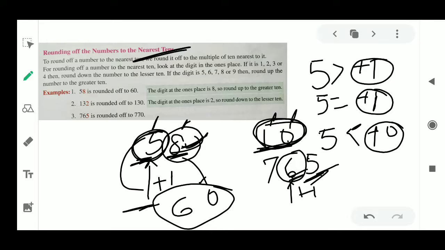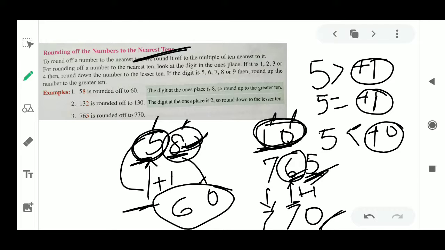Now the 7 comes down, because it is not under the circle, so you write down the same digits on the left side of the circle. Now here 6 plus 1 is 7, and the 5 on the right side of the circle became 0. So your answer is 770.